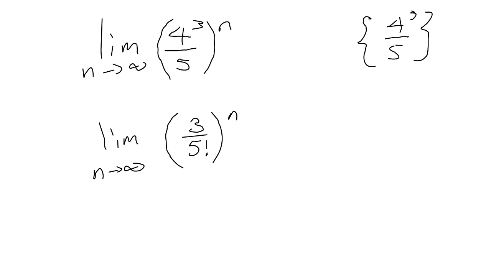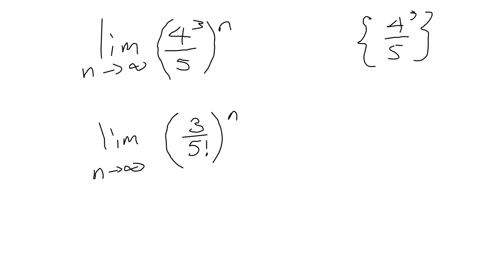Well, because the limit as n tends to infinity of the numerator, 4 to the n power, moves faster than the one below, which is 5 to the n power. So because the one at the top moves much faster, it basically will go up to infinity. All right, that makes sense.